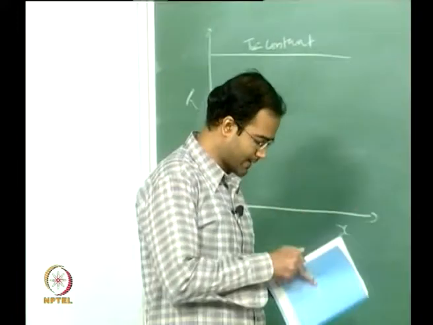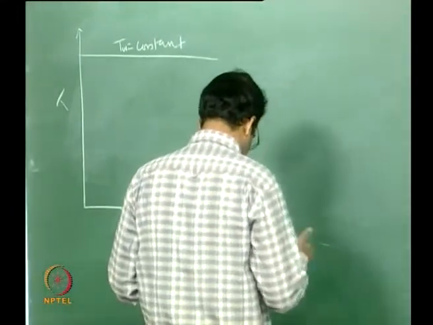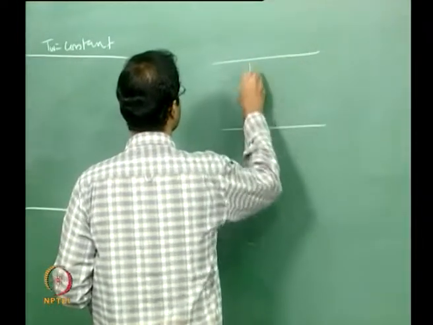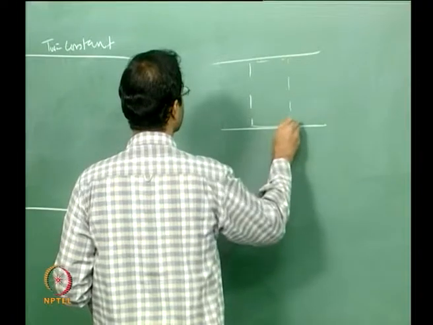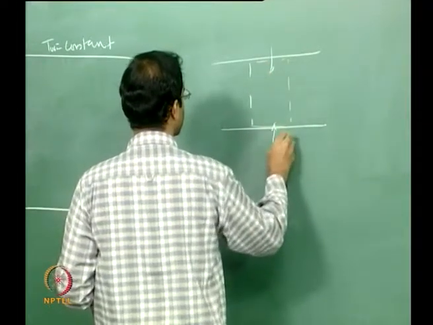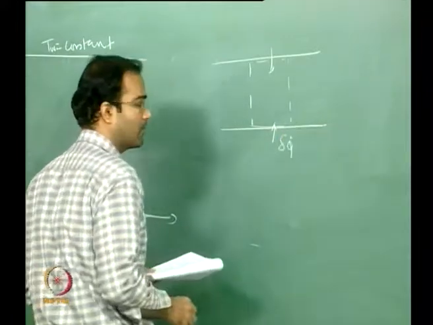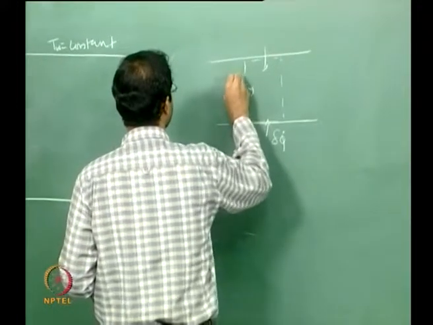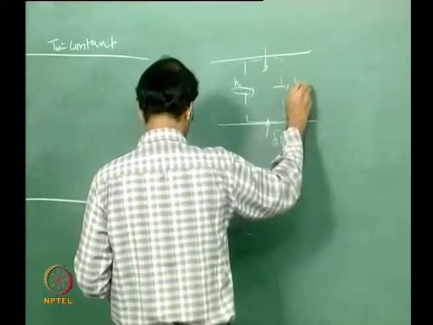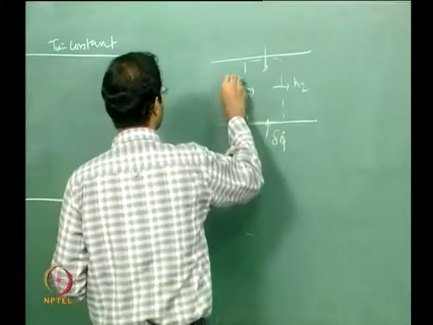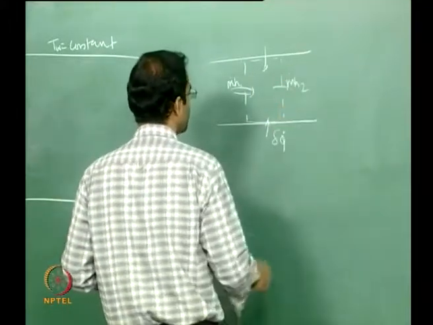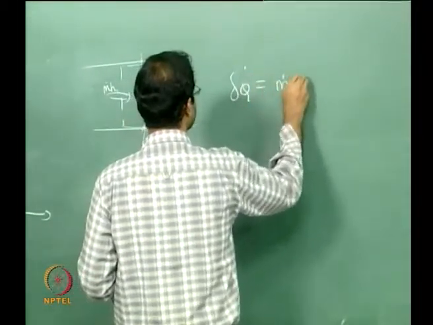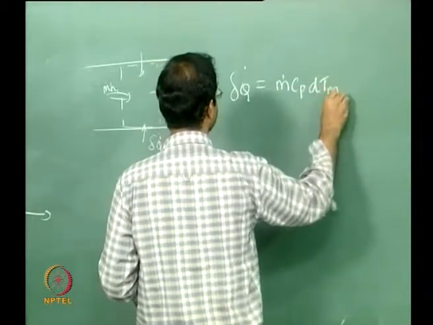To determine the variation, we will just take a simple energy balance. You take a duct, and you take a control volume. This is your heat transfer delta Q, the differential amount of heat transfer for this differential control volume, and you have some enthalpy coming in and enthalpy leaving. Of course there is a mass flow associated with this enthalpy, so you can apply the energy balance and say my del Q dot is equal to m dot Cp into dTm.